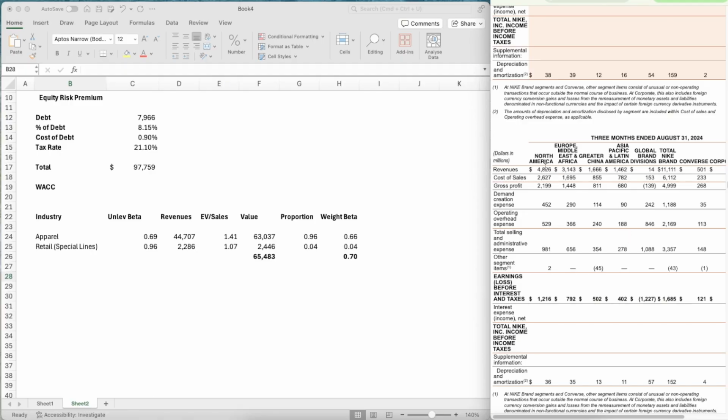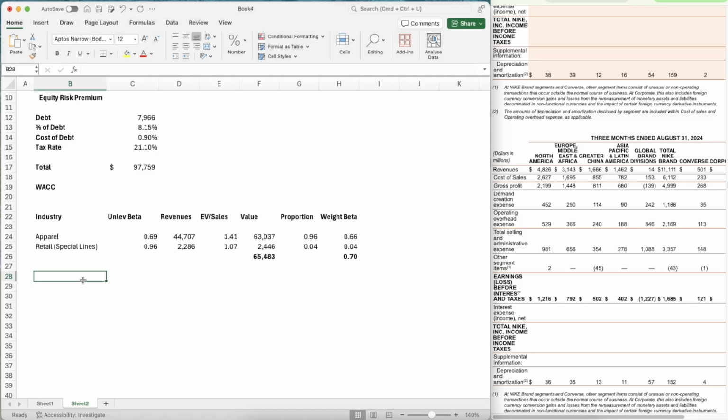So we have that here. So we go region, revenues, ERP, weight, and then weighted ERP.